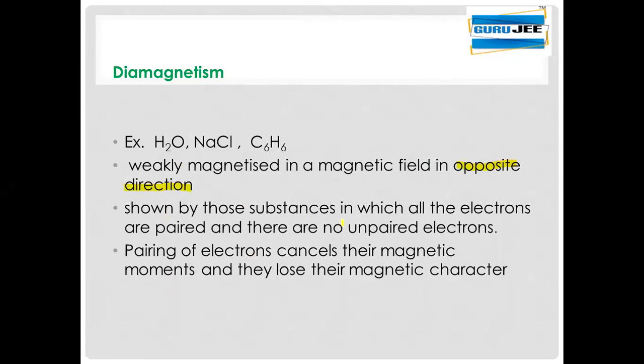And in these types of substances, all the electrons are paired, so there are no unpaired electrons. If there are no unpaired electrons, they cannot get magnetized. That's why we say weakly magnetized in the magnetic field. So by pairing of electrons, their magnetic moments can get cancelled.